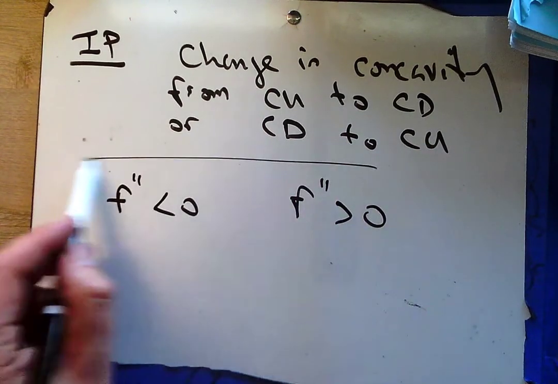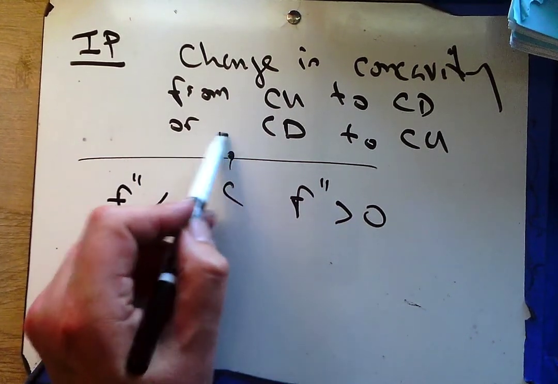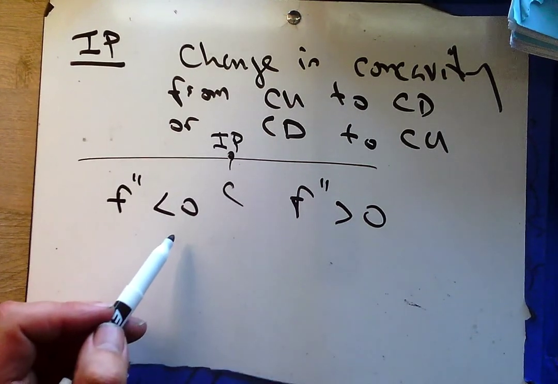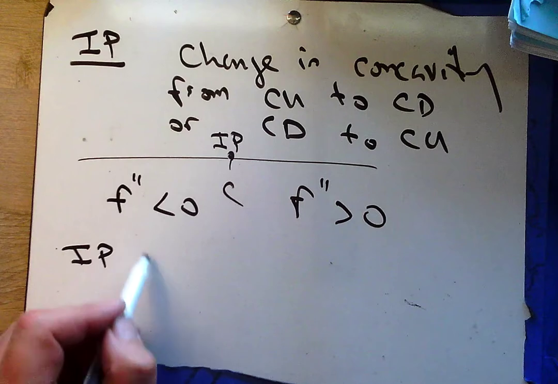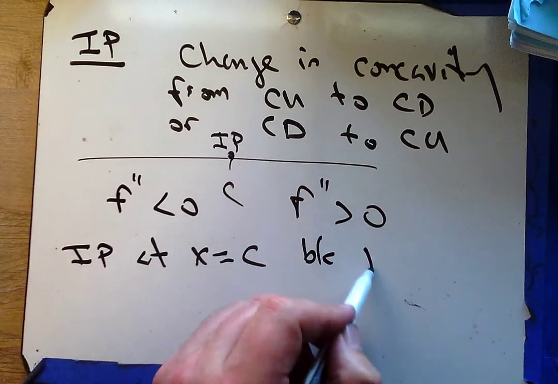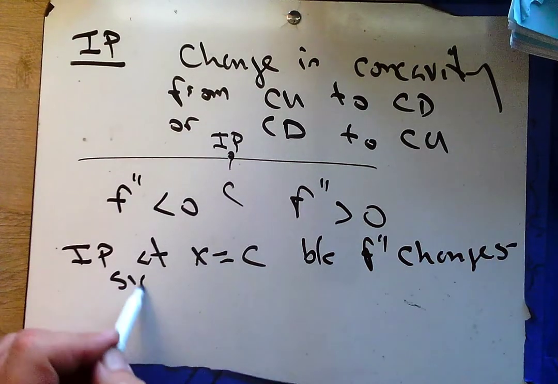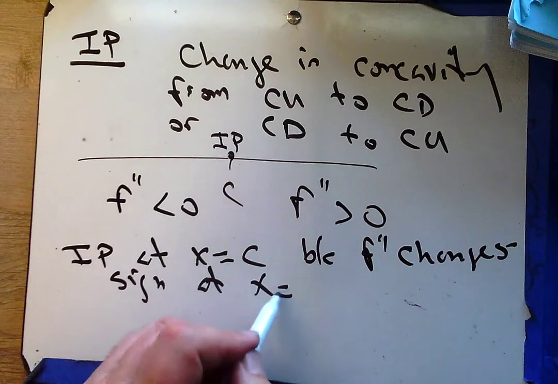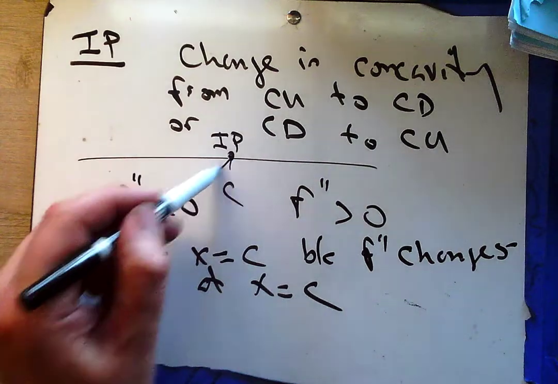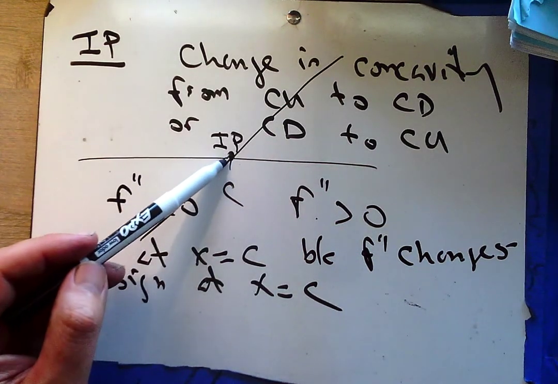So when I have this situation, I'm going to say this is an inflection point because I have a change in concavity on f. There's an inflection point at x equals c because f double prime changes sign at x equals c.